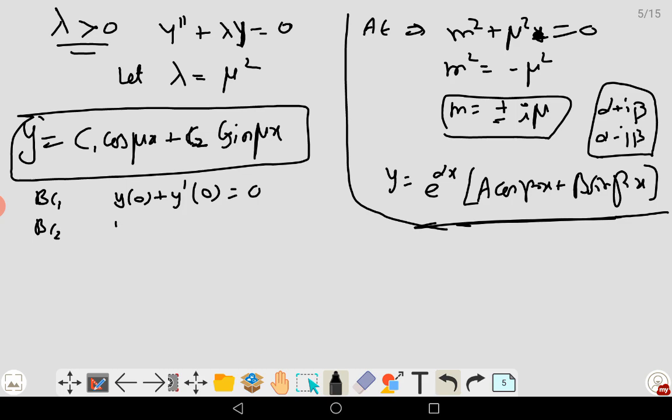Second boundary condition, y of 1 is 0. We are in the interval, actually everything is going on in the interval 0 to 1. From the first boundary condition x is 0, from the second one x is 1. We want y and y prime. From this one find y prime, differentiate it.